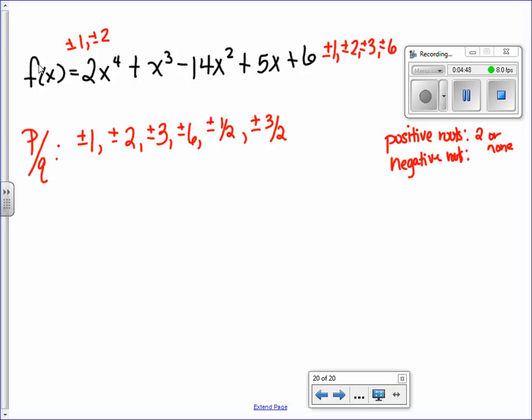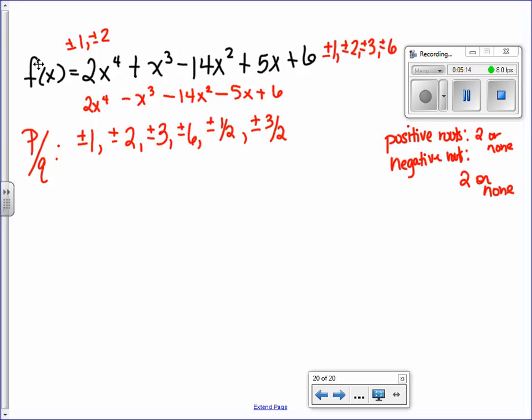Okay? The sign's not going to change here. That one will go to negative. That sign doesn't change. Alright, so positive to a negative, negative to a positive. So for negative roots, there are also 2 or none.